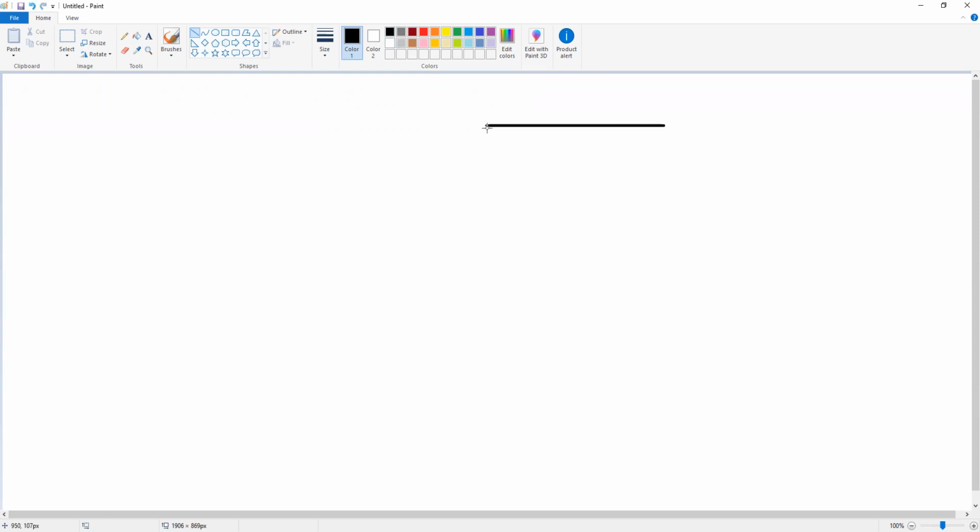This cross section is an I section. This is our cross section.